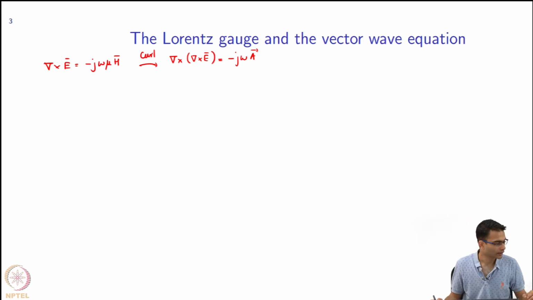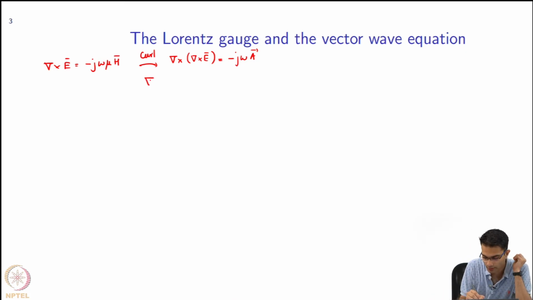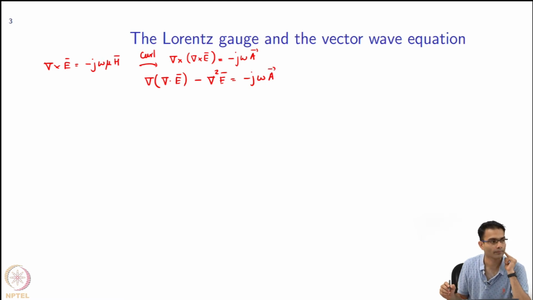Okay. Then next, what do we do next? Well, okay, so let's do that. So I will get del dot E minus del squared E is equal to minus j omega A.